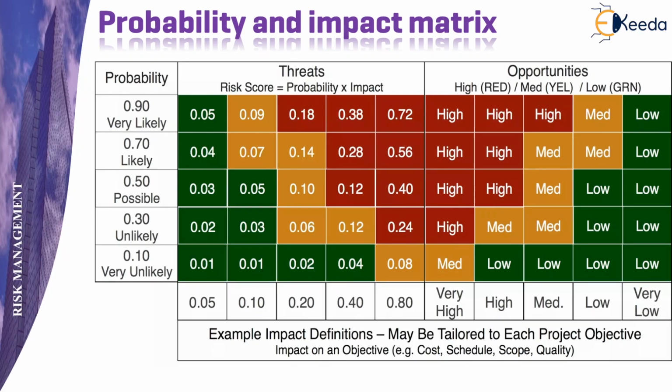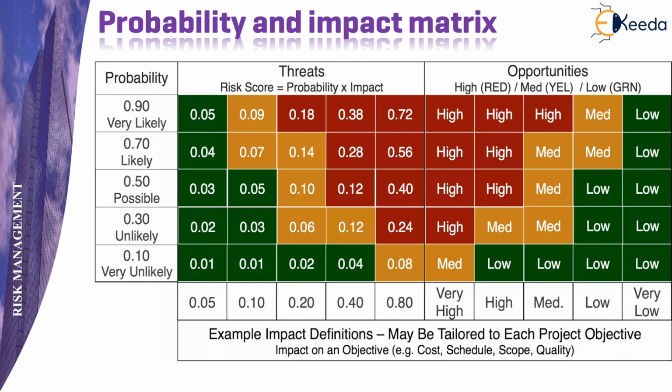These probabilities and impacts, either positive or negative, that is, threats or opportunities, can be mapped in this matrix format, which we have seen earlier. Different colors like green, yellow, red will indicate the scale. Green here shows very low risk.